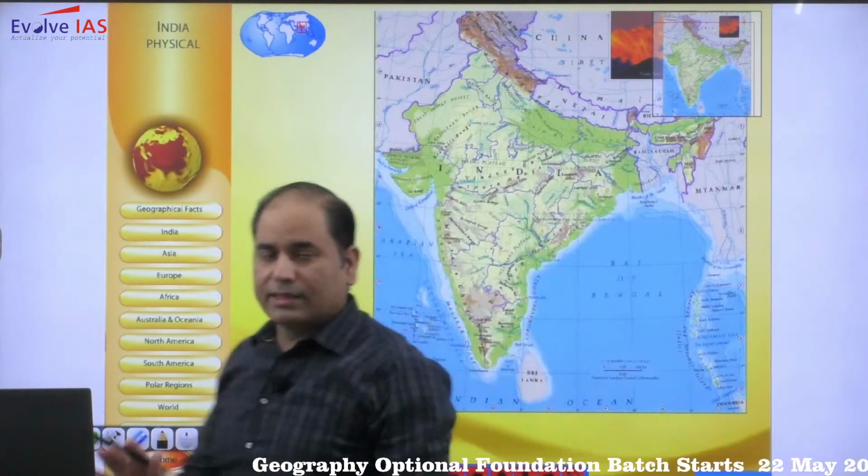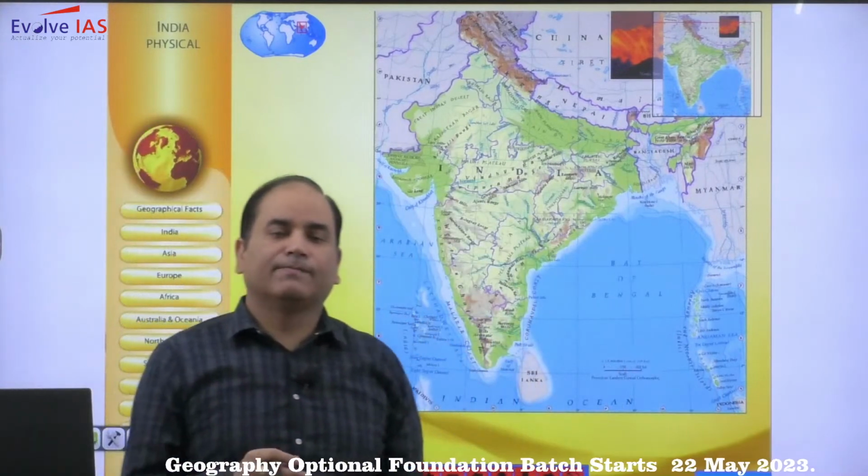So India is physiographically divided into 5 major divisions. So we have mountain in the north, highland, tableland in the south. In between you will have the flat featureless plain.